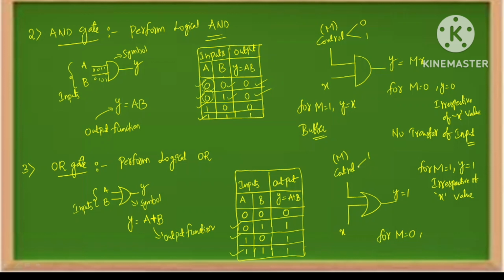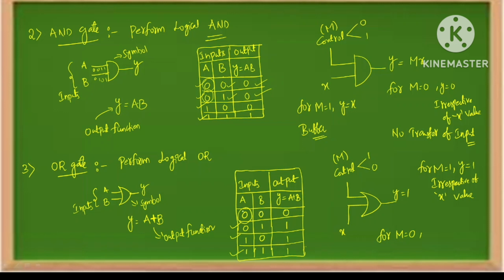if M is equal to 0, what happens? We need to check the other input. In the logic OR gate, if you observe the truth table, if any one of the inputs is logic 0, we need to check the other input to decide the output. For the time being, I am considering A as the control input.